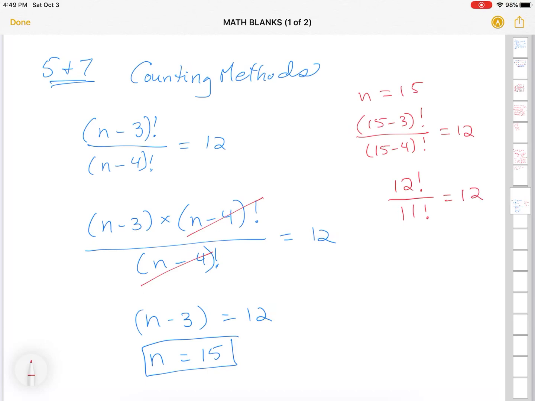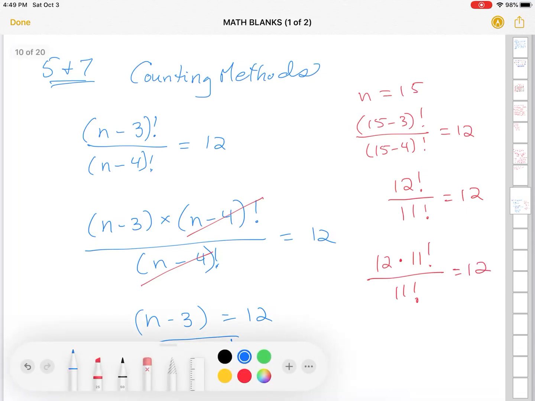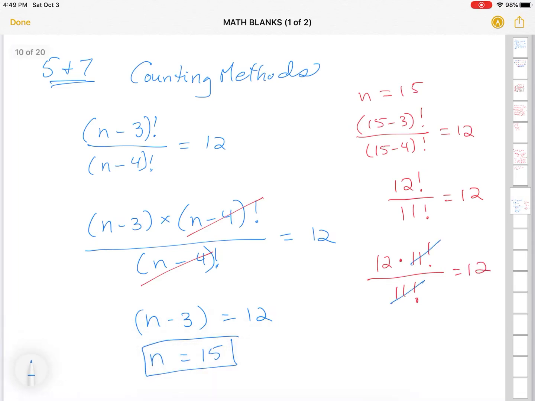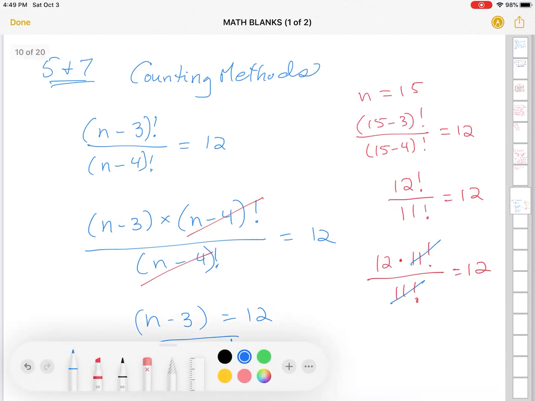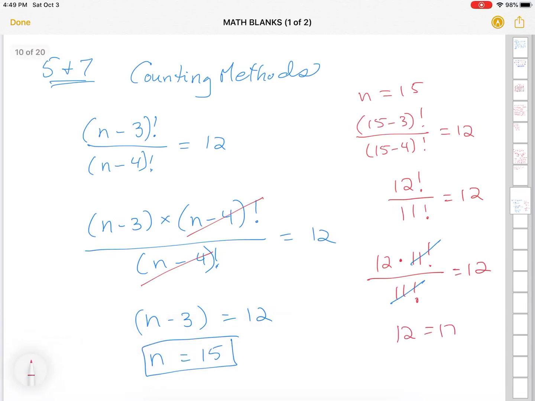Now you can either solve it right there with your calculator, or you can remember that what this means is 12 times 11 factorial over 11 factorial, which equals 12. And the 11 factorials will cancel out, or divide out, and we get 12 equal to 12.